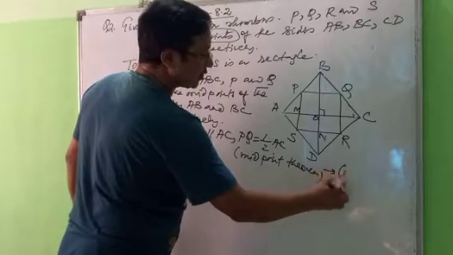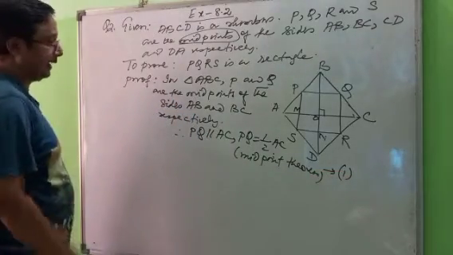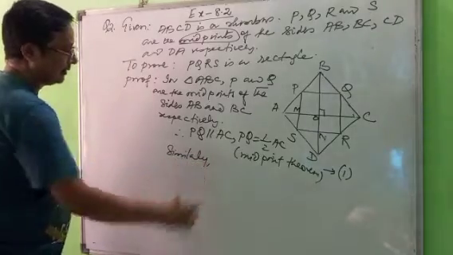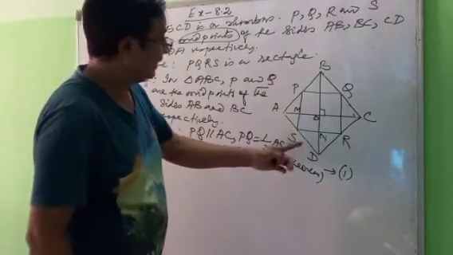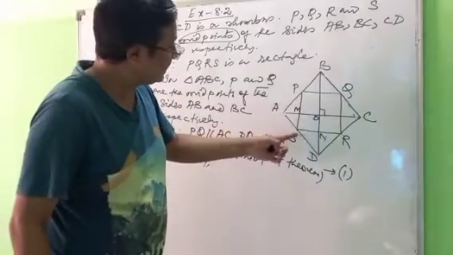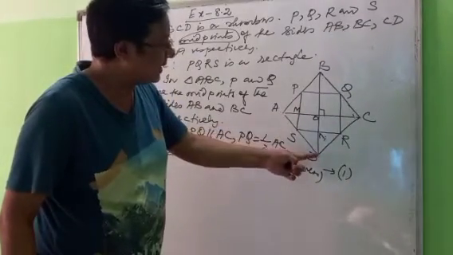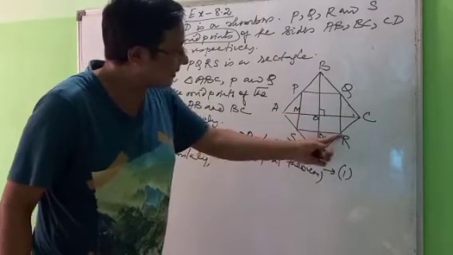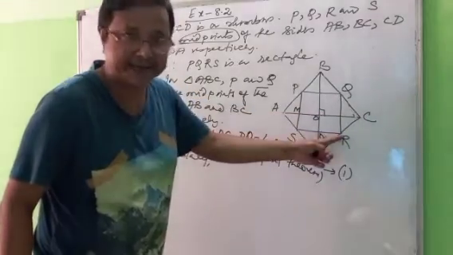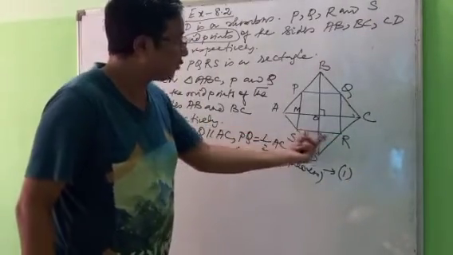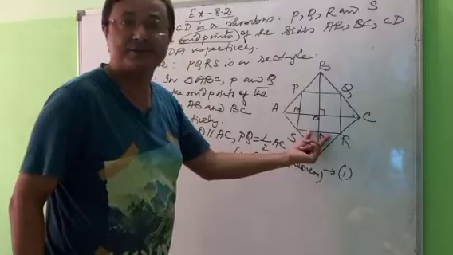So this is equation number 1. Then similarly, in the triangle BCA, here S is the midpoint of the side AD, R is the midpoint of the side CD, therefore SR, this line segment you got by joining the midpoints S and R. So this line segment is parallel to the third side.